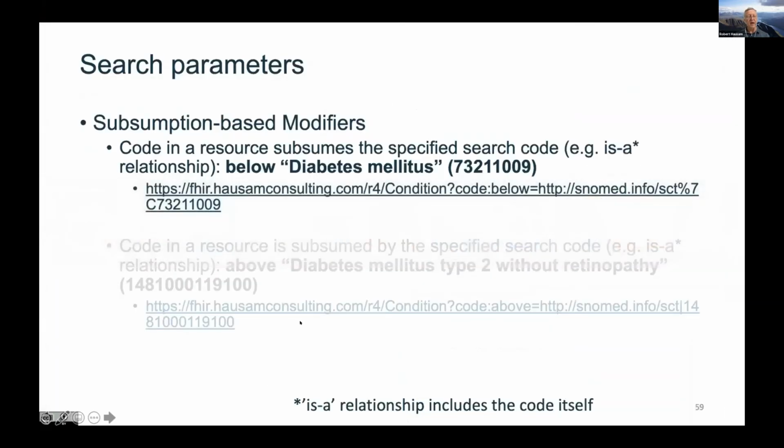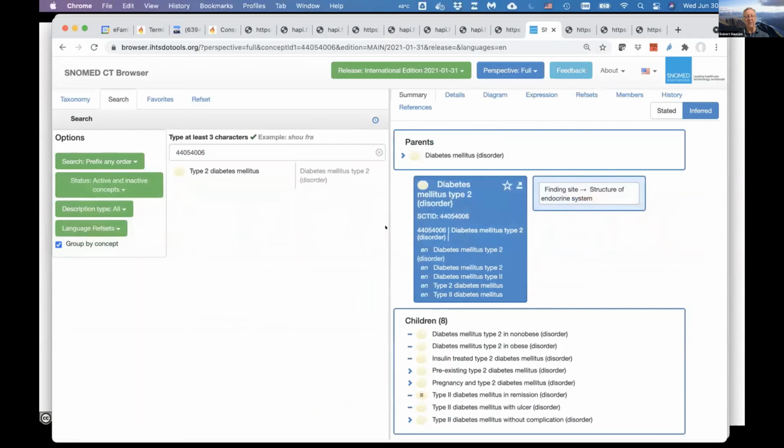All right. We also have a grayed out option here because we're not going to do it, but in addition to the below modifier, there's an above modifier, which would look for any code that's higher in the hierarchy. In the case of SNOMED, for diabetes mellitus type 2, its parent code is diabetes mellitus.